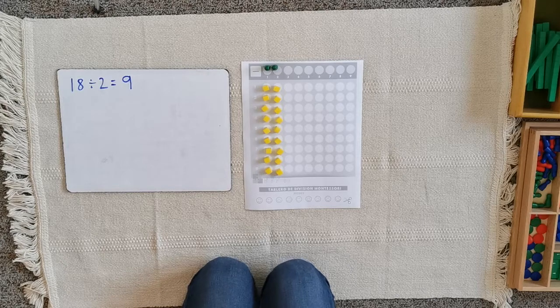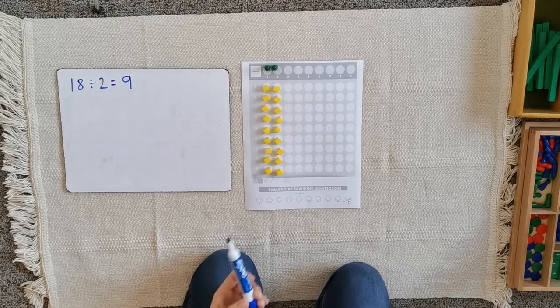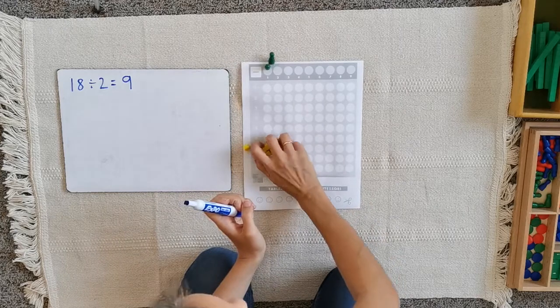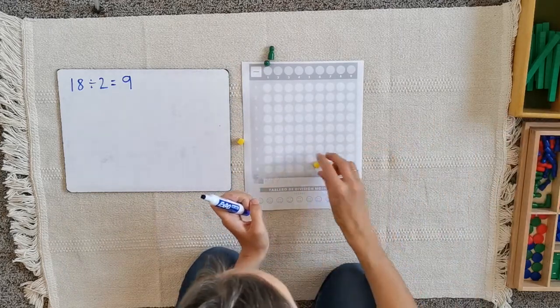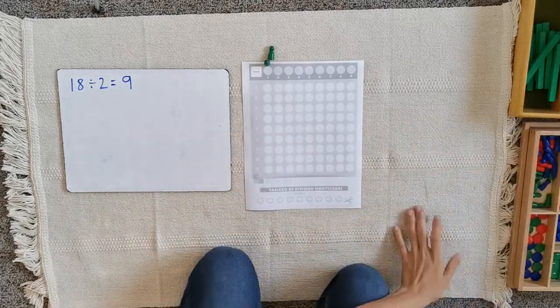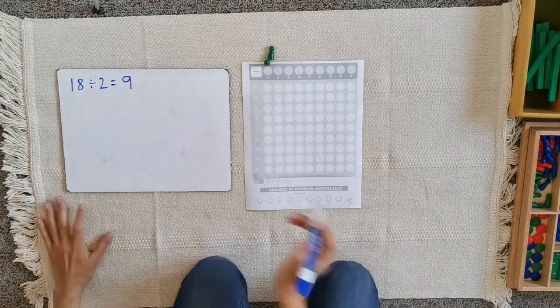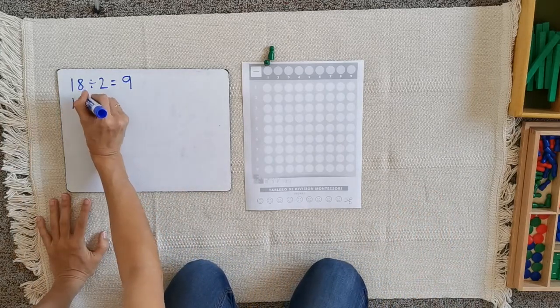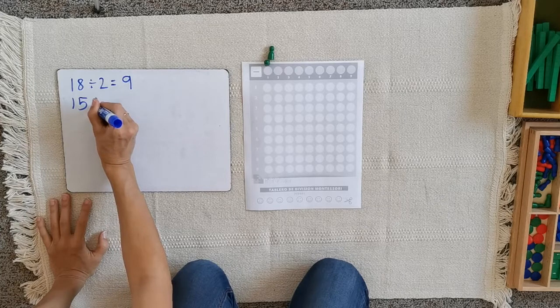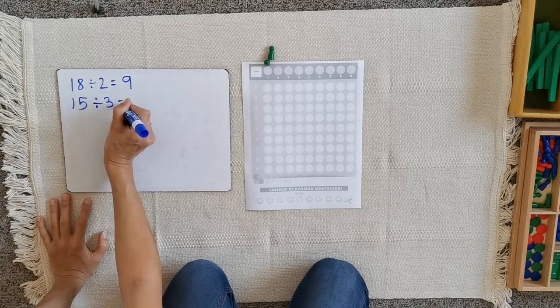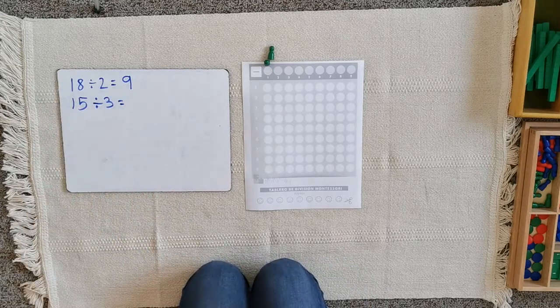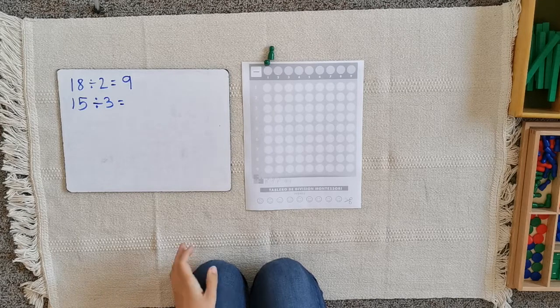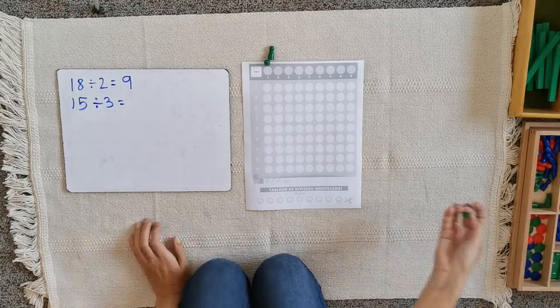Let's try with a different number. I'm gonna do 15 divided by 3. I know some of you already know the answer. But remember, this is to understand the concept.